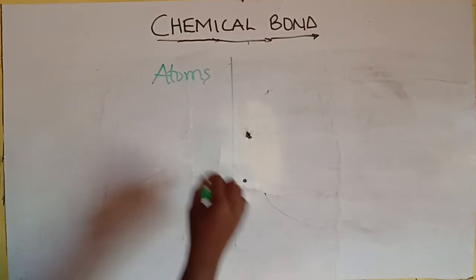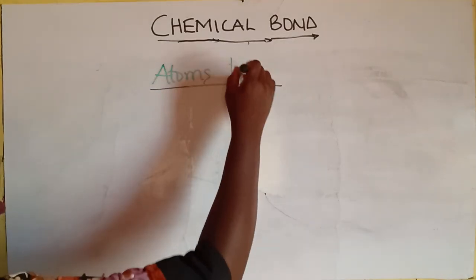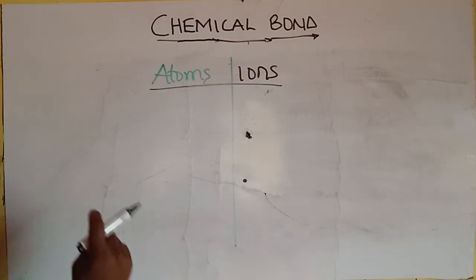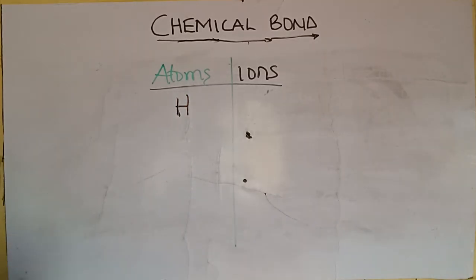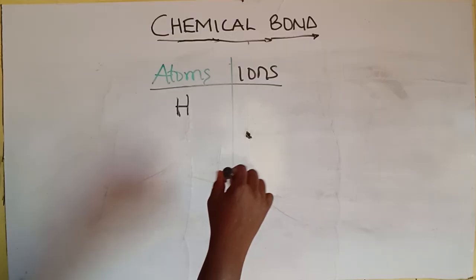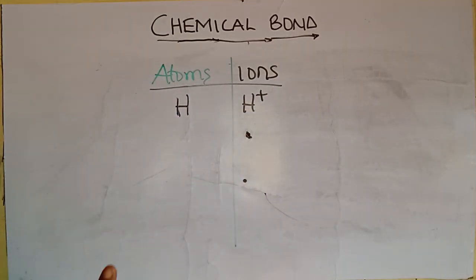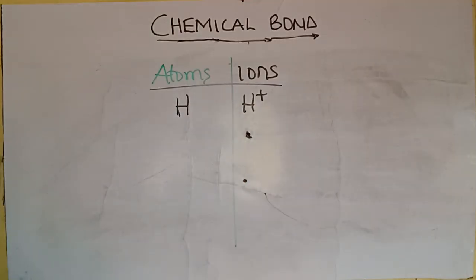Atoms and ions. Let's look at the first element, hydrogen atom. We are using the symbol here. The ion it forms is H plus, because hydrogen is a group 1 element, it has a valency of 1.